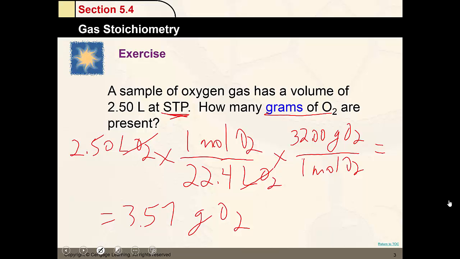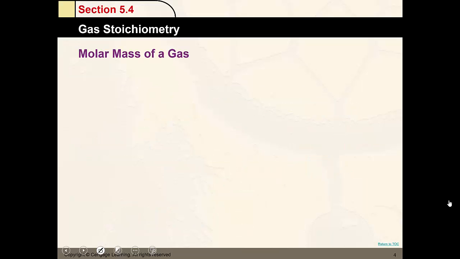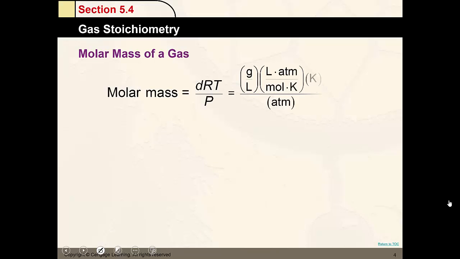Okay, so that's a derivation of the ideal gas law. Another derivation of the ideal gas law is figuring out the molar mass of a particular gas. And we get this equation from the fact that moles in the ideal gas law, we know to convert from grams to moles, we have to divide by molar mass.